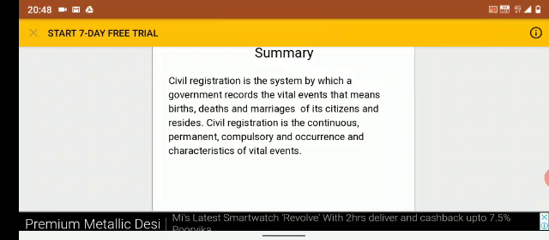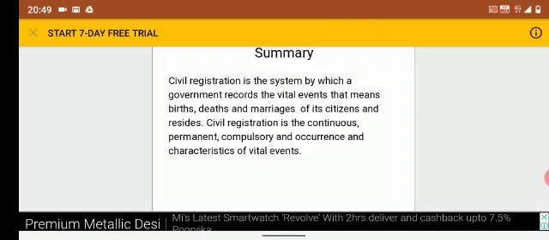However, civil registration is the system by which a government records the vital events, that means births, deaths, and marriages, of its citizens and residents. Civil registration is the continuous, permanent, and compulsory recording of the occurrence and characteristics of vital events.